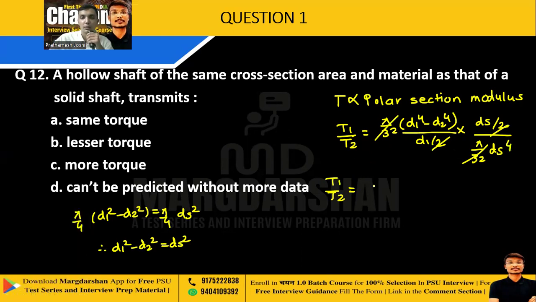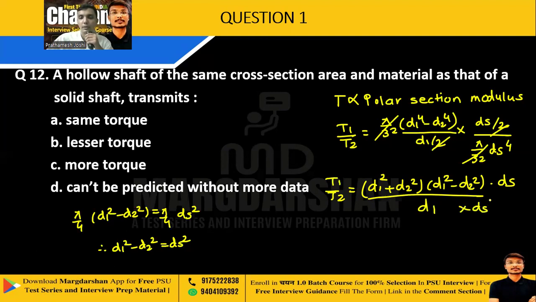Okay, so d1⁴ minus d2⁴ we can write as a² minus b², so a² आएगा d1² plus d2², और वो जो आएगा d1² minus d2², into ds, upon d1 into ds⁴. So अगर यहाँ से कैंसिल हो जाएगा तो ds³ बचेगा नीचे. ठीक है, देखिए.